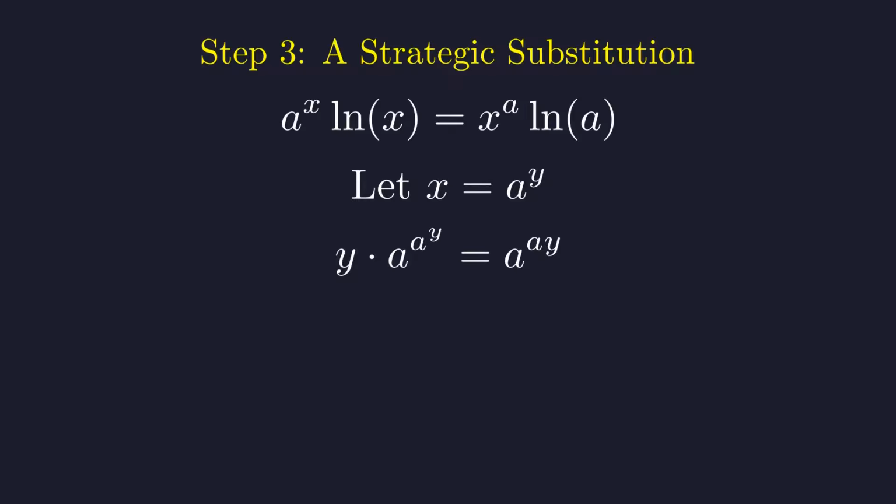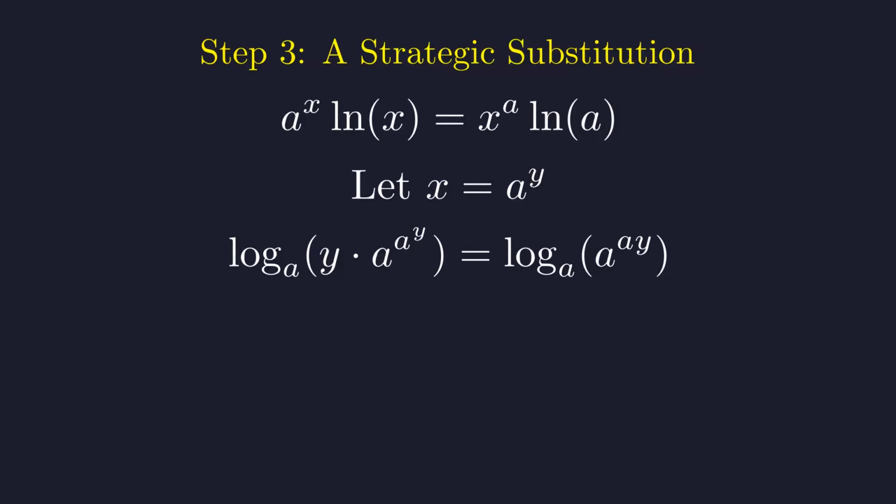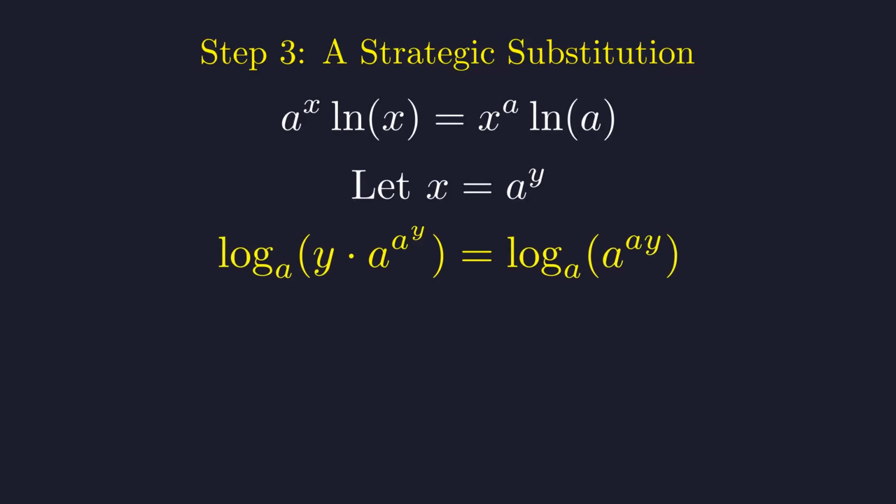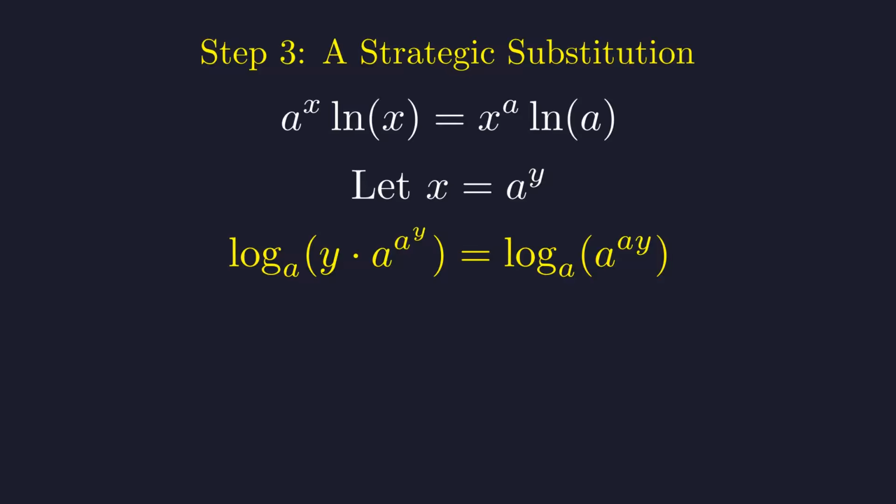Our new variable u multiplied by this exponential tower equals this simpler exponential. Here's another clever move. Let's take the logarithm with a as the base. Even though this base is less than 1, all the usual logarithm properties still apply. Taking this logarithm of both sides gives us this structure to work with. On the left side, we can use the product rule.